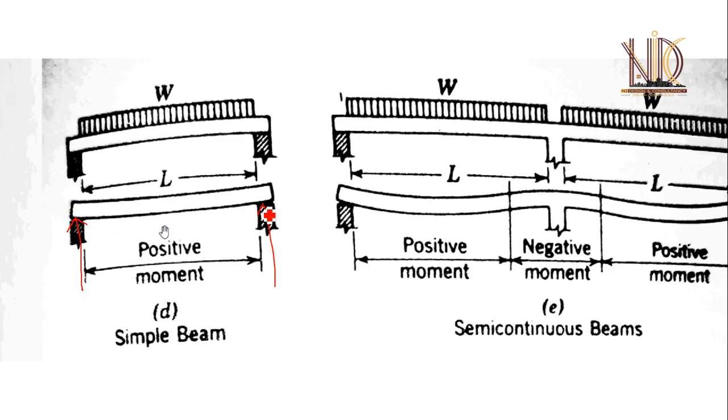As we know, if we provide imposed load on this beam, compressive stress acts at the middle of the beam at top, and tension acts at the bottom of the beam at middle. Similarly, at the support, compression acts at the bottom and tension acts at the top.